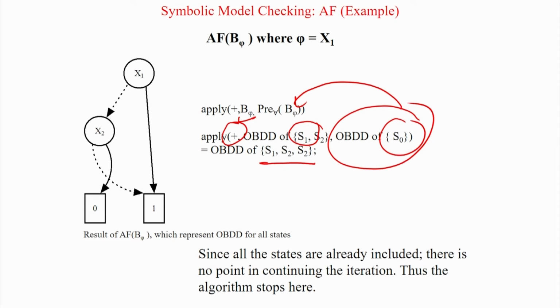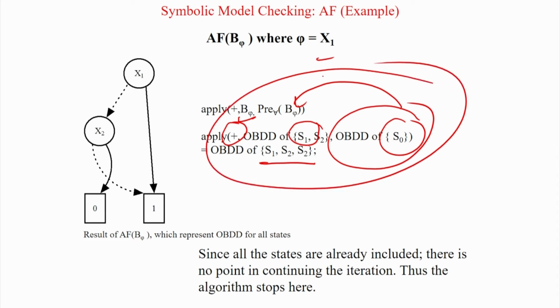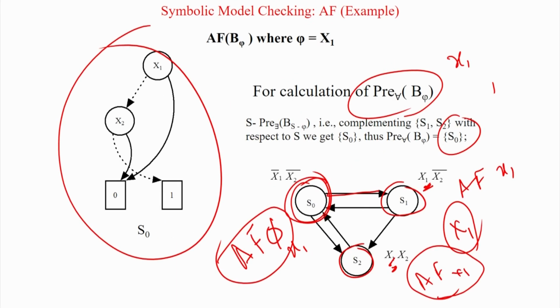Which we have already shown intuitively: in the Kripke structure, for all paths where in future x1 is true, this is satisfied by all three states, S0, S1 and S2. Also, we are getting the same answer symbolically. S1 and S2 come into this class because x1 is true in those states itself, and S0 comes because on all paths from S0, in the next state x1 is true.